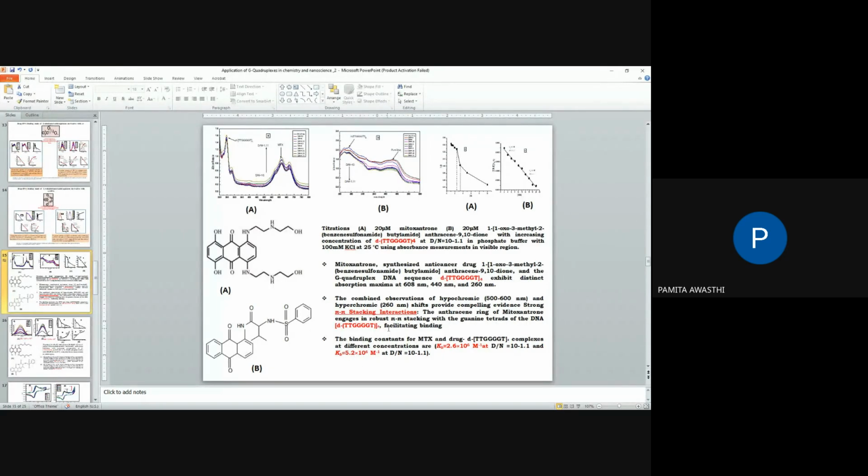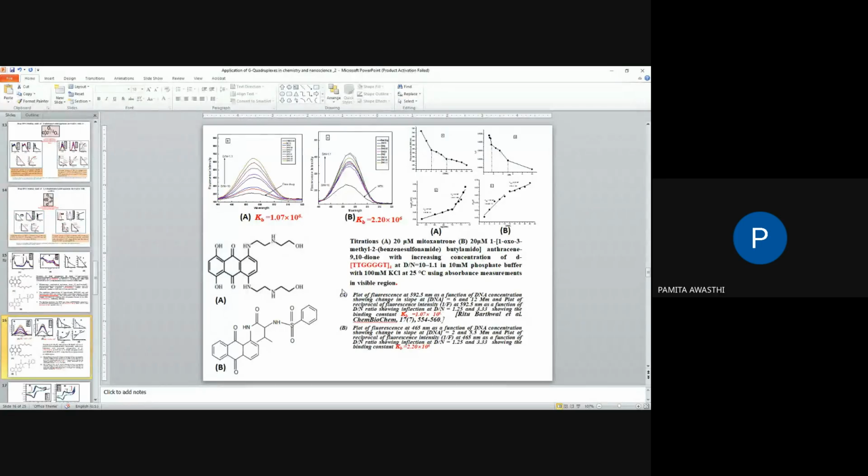And if you look at the binding interaction of mitoxantrone with these quadruplexes, we were getting the same result as observed in the literature. Similarly, we observed the same in the emission spectra, and we could see the same trend as observed in the cellular studies as well as in the duplex interaction.